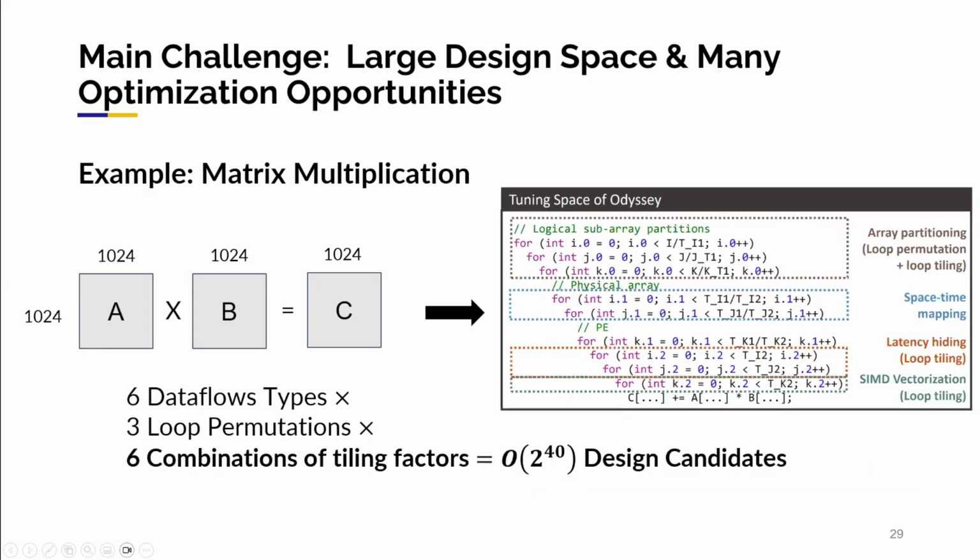But lastly, as you see, this is the tiled implementation of matrix multiplication, and now we have 6 possible tiling factors that we need to find the appropriate values for. This leads to around 2 to the 40 design candidates.